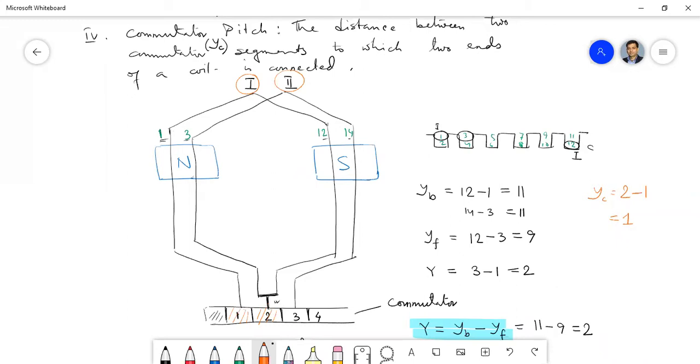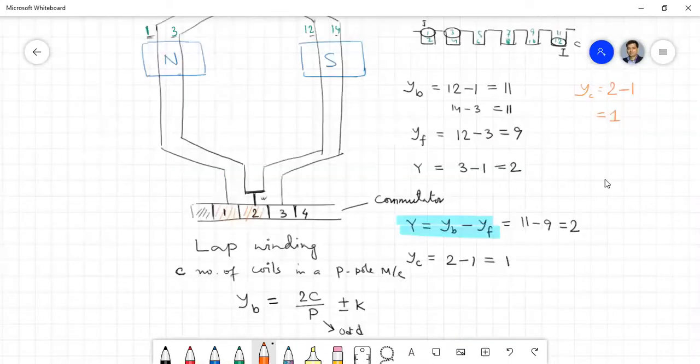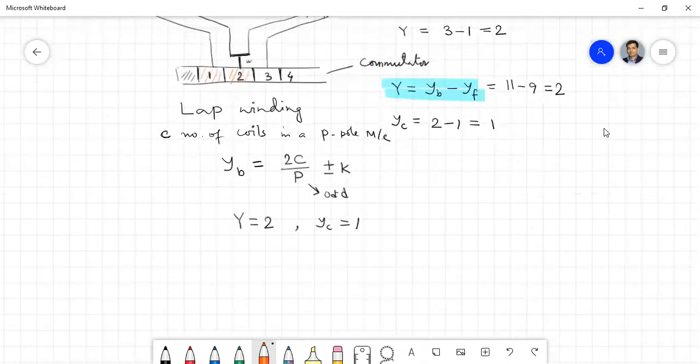In the case of retrogressive winding, where the lapping is done in a backward direction, the commutator pitch becomes negative and also the winding pitch. So winding pitch becomes -2 and commutator pitch becomes -1. That is in case of retrogressive winding.